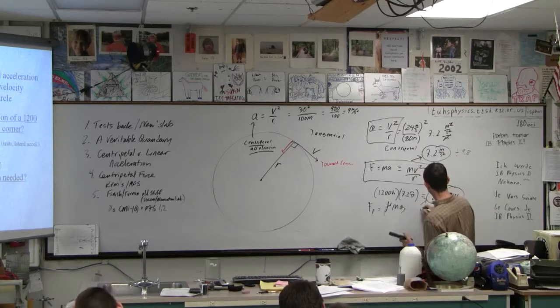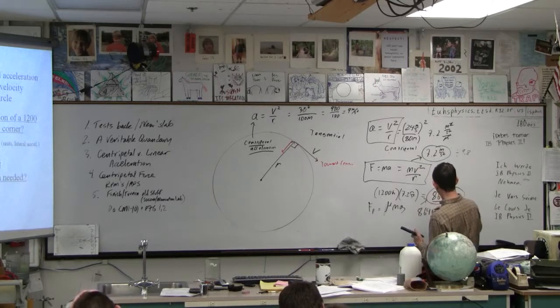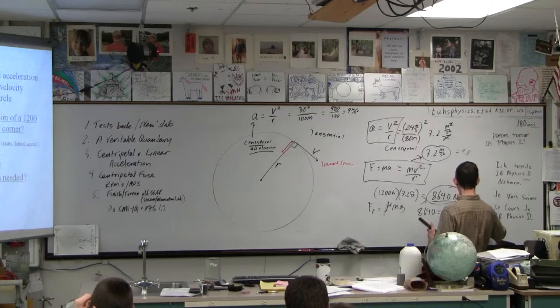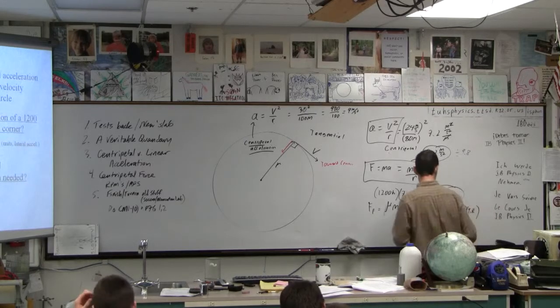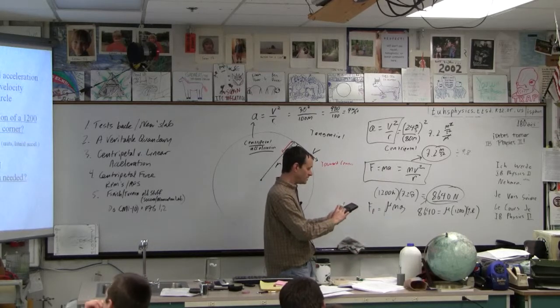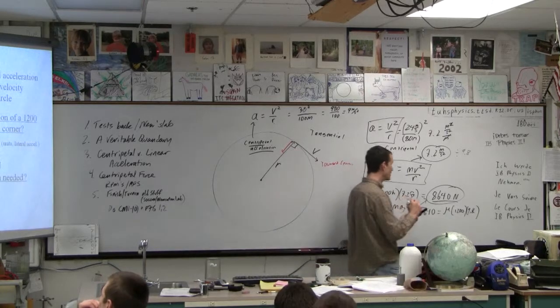So I can go 8,640 equals mu times 1,200 times 9.8. So I'm going to divide by 1,200, and divide by 9.8. And I get 0.73.